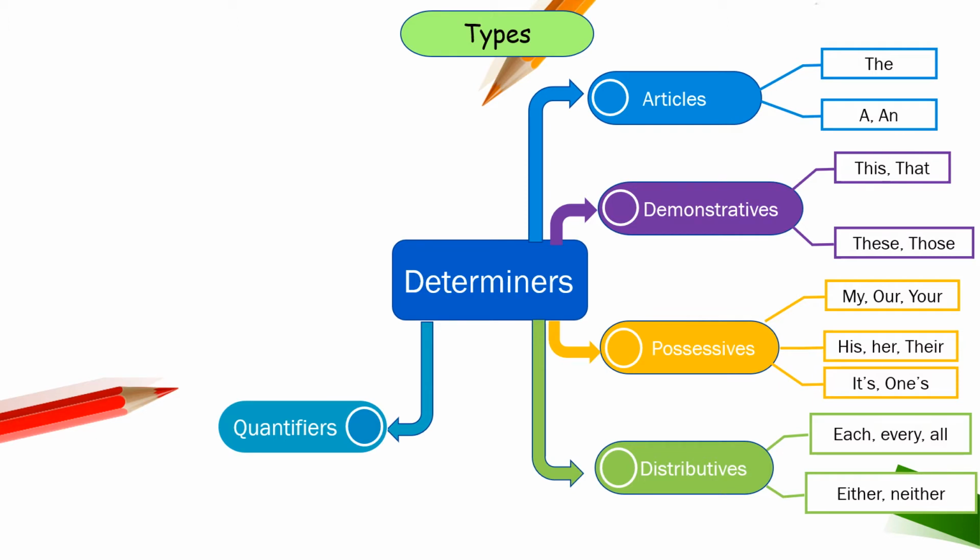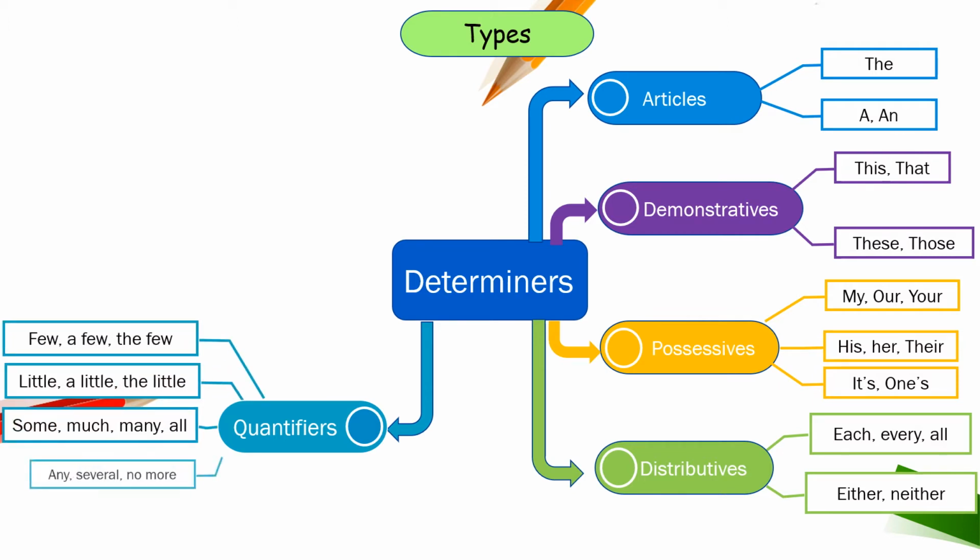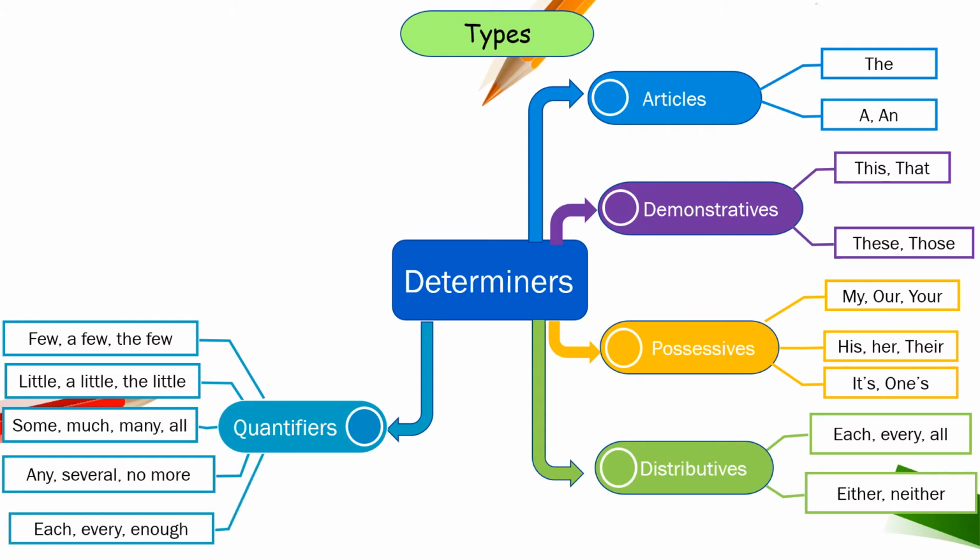Quantifiers, words like few, a few, little, some, many, much, any, several, both, etc., indicate the quantity of a noun. Cardinals and numbers are usually included under quantifiers only, but here I have explained them separately.